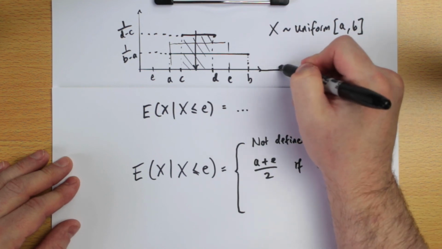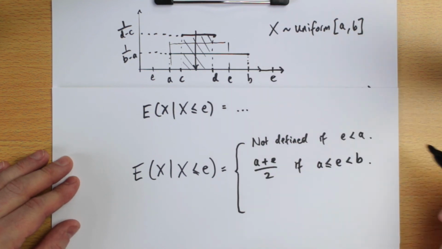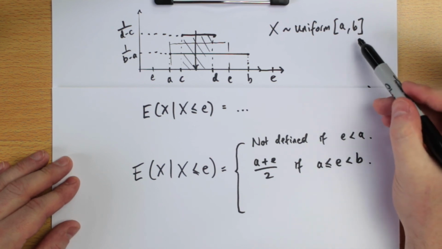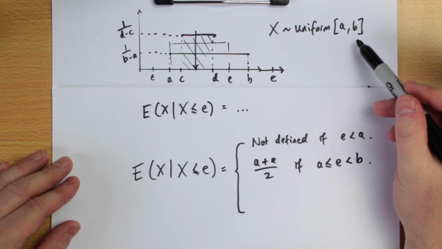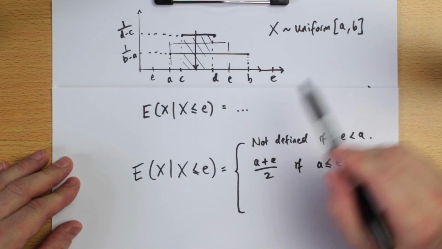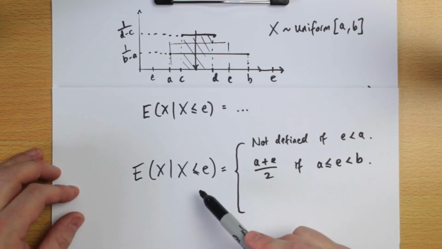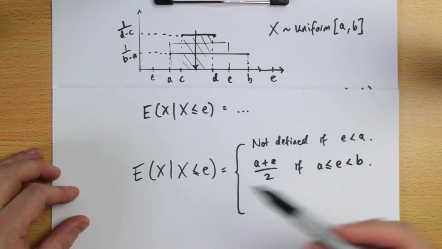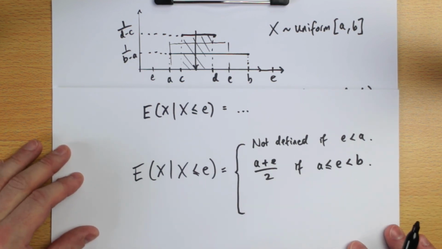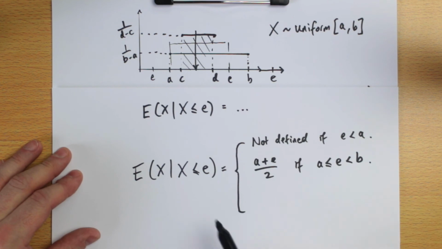Now, what if it's greater than b? What if e is all the way over here? Well, we already assumed that b is the highest value that x will take. So if we're conditioning on the fact that it's less than something greater than what we already assume it's less than, that's a bit of a mouthful, but we already assumed it's less than or equal to b.